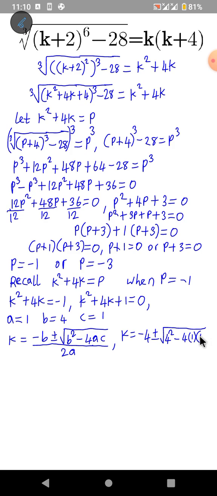So here we have 1 here also. Then all over 2a, which is 2 times 1, so that's 2.